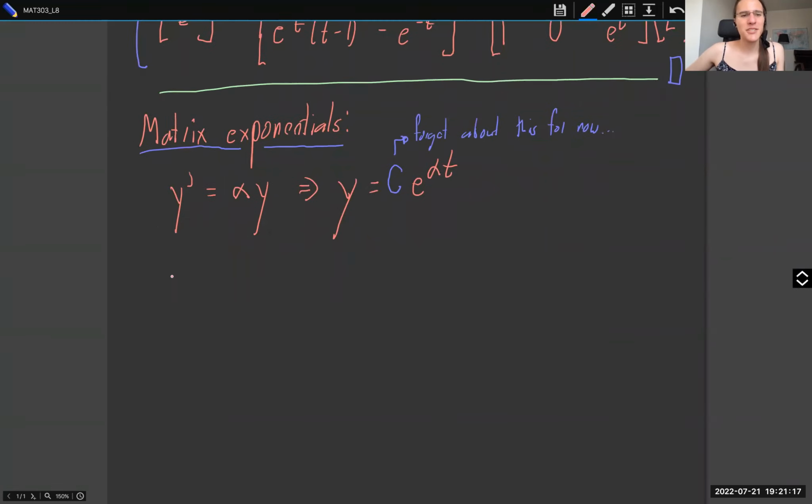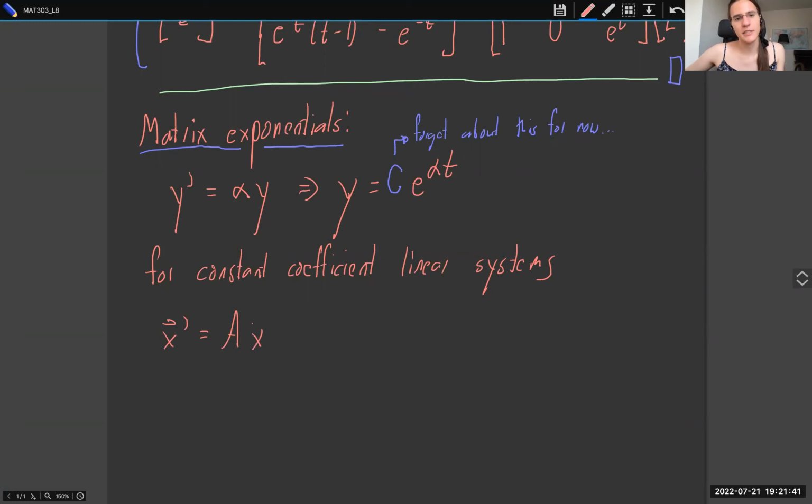Okay, and so when we were solving constant coefficients linear systems, the equation is that x prime is equal to ax. Therefore, let's not write it like this.